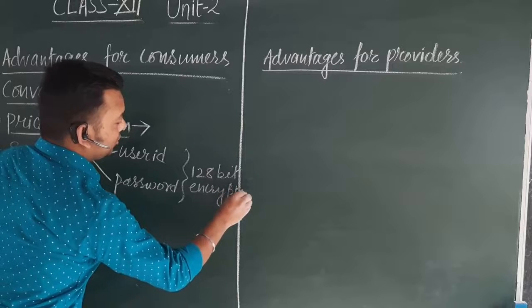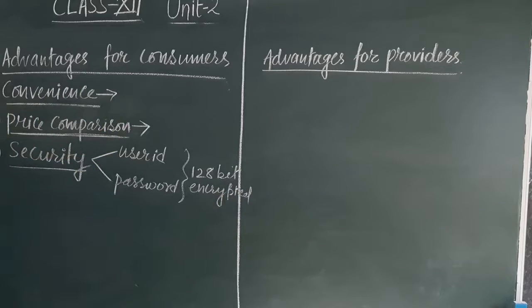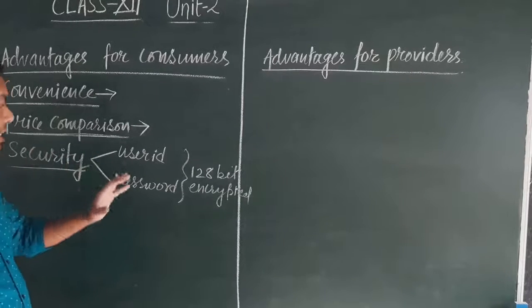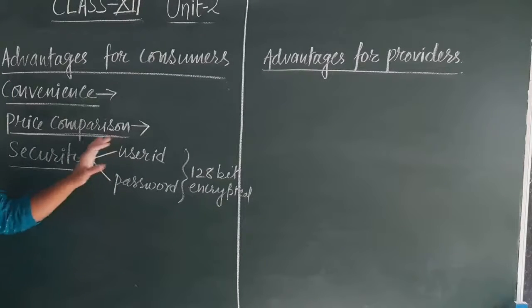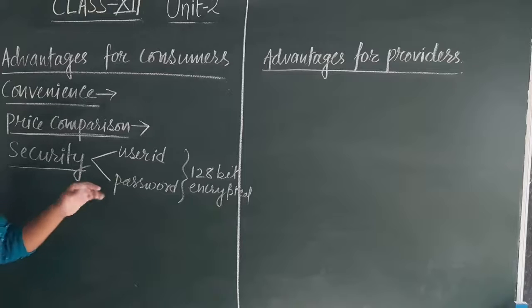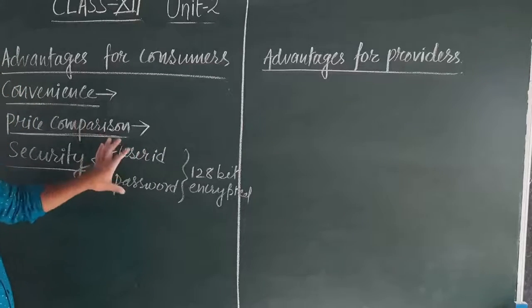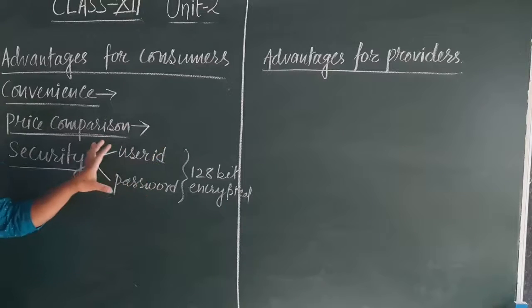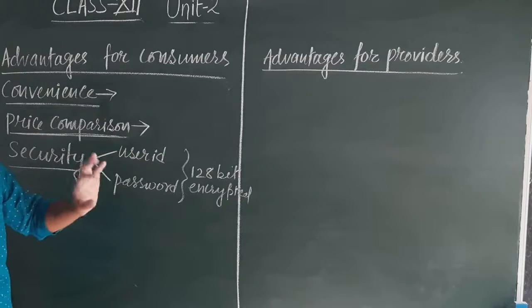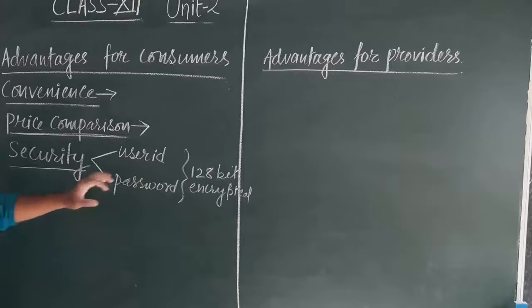So there is no possibility of our data theft if we are simply conscious. In such a situation, we can use this combination of user ID and password, and it will protect our data as well as information, and it will not compromise anything. So this is the third facility, that is security.